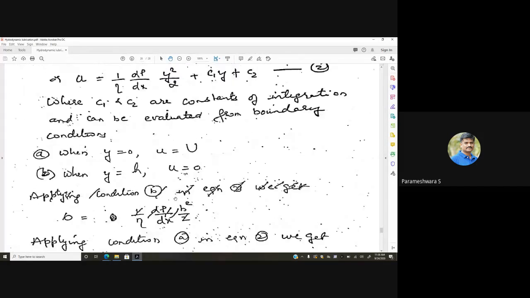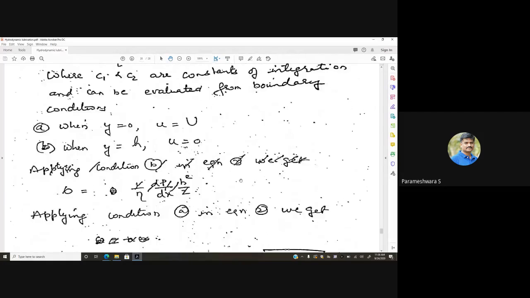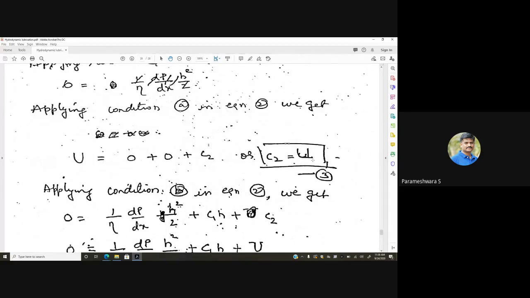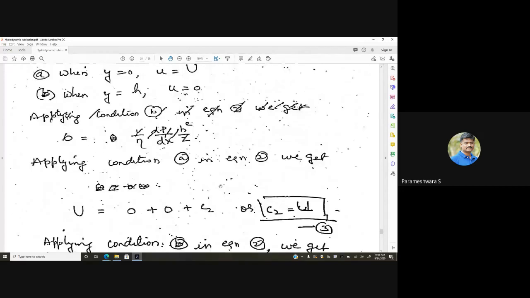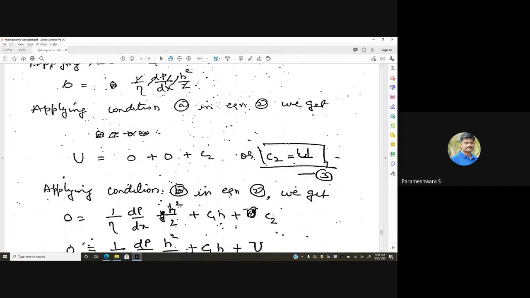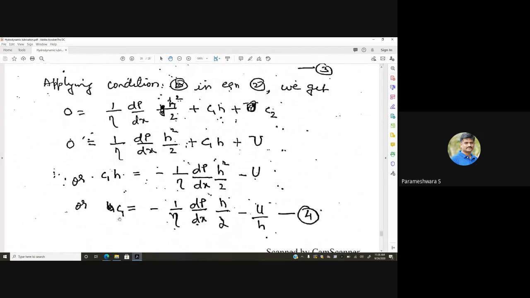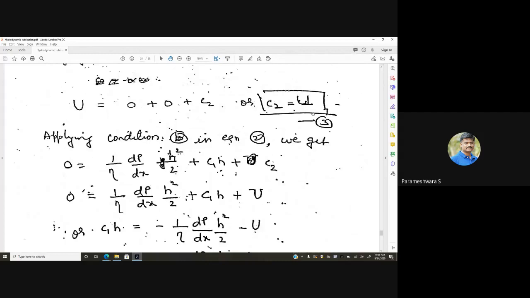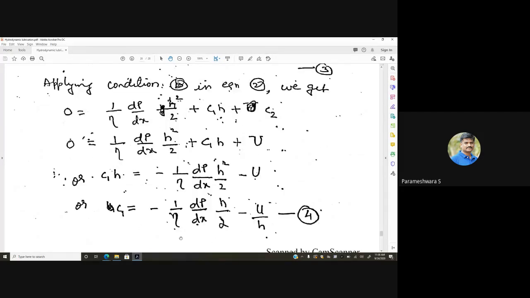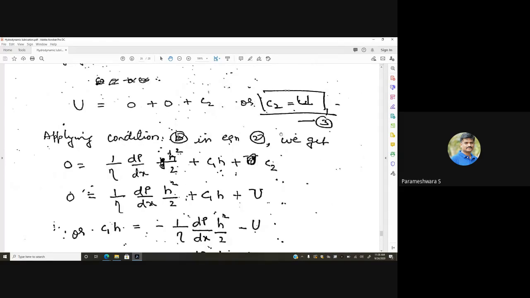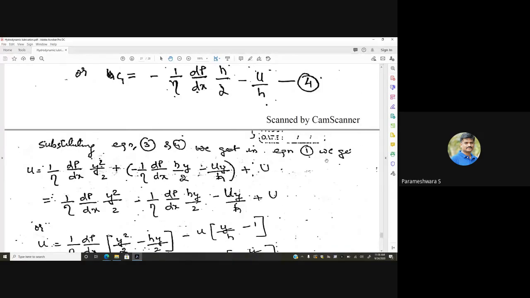So now we'll just apply this boundary condition to equation 2. So what we get is C2 is equal to capital U, that is the maximum velocity, and substituting back into this equation, we get the expression for C1, because C2 is U. And again, substituting C1 and C2 into equation 1.